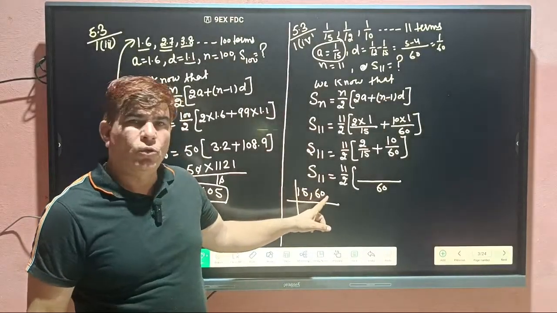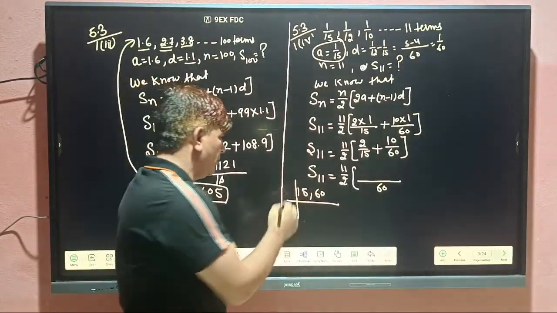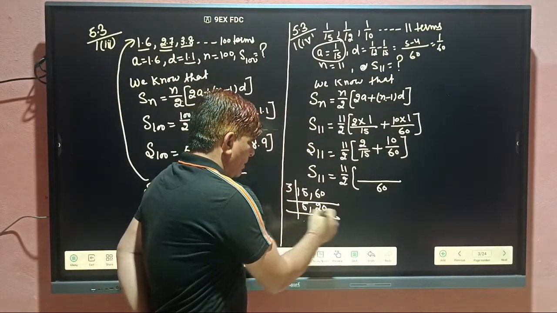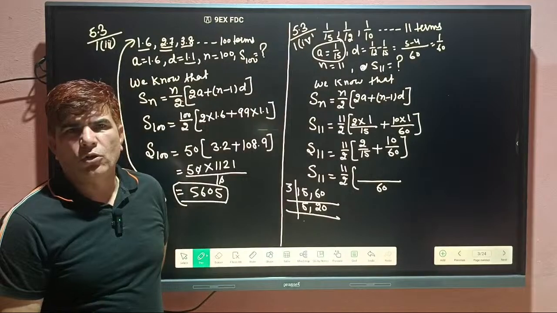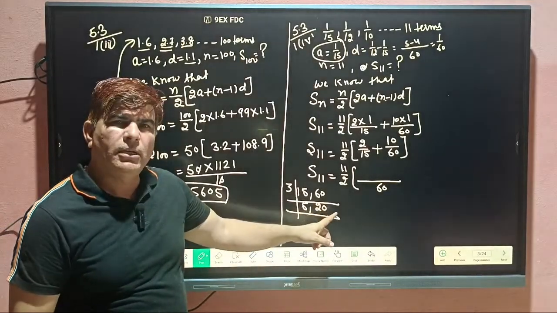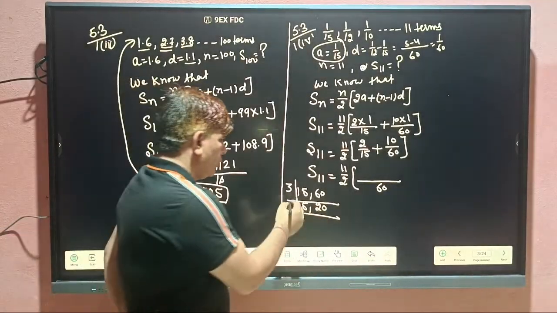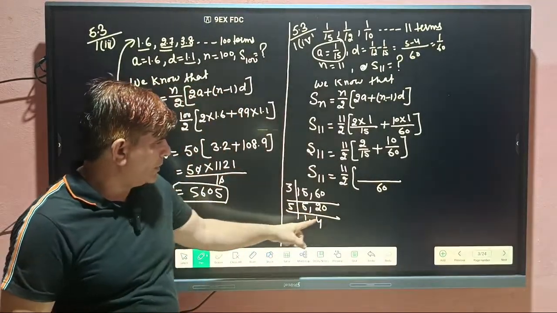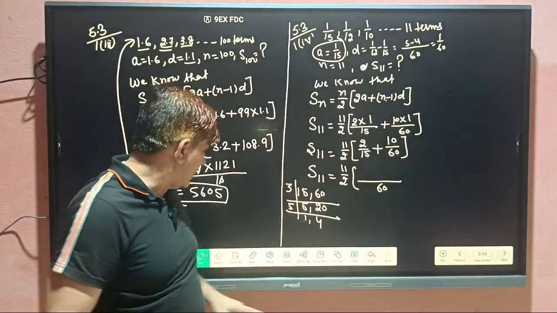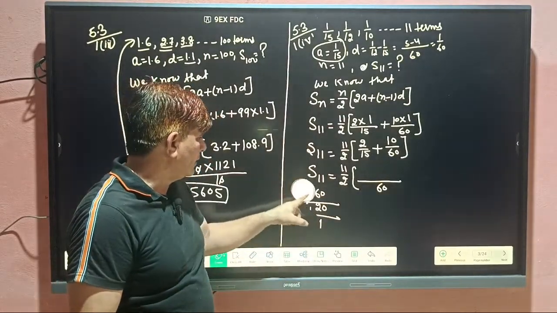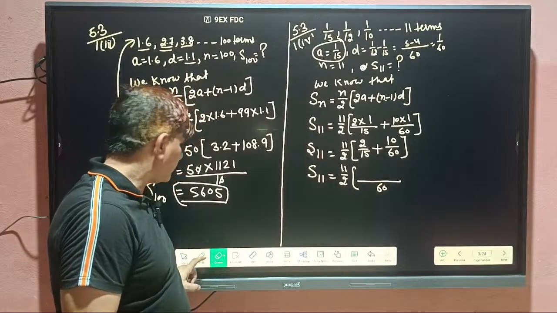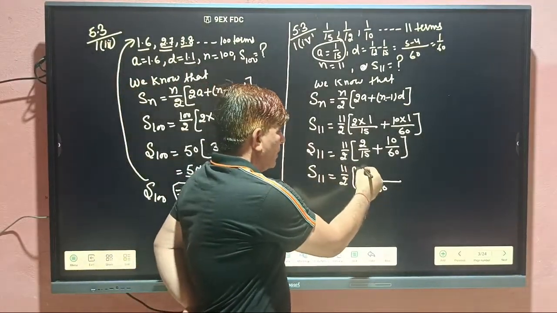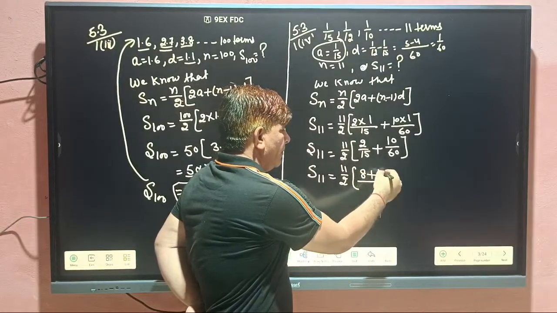Only one is divisible. Divisible by 3? Both divisible by 3, 5 threes are 15, 20. Divisible by 3, not 4. Divisible by 5? Yes, both. 5 ones are 5, 5 fours are 20, 3 fives are 15, 15 fours are 60. This LCM we have taken like this. So what's 60 divided by 15? What's coming? 4. 4 twos are 8, plus 10.